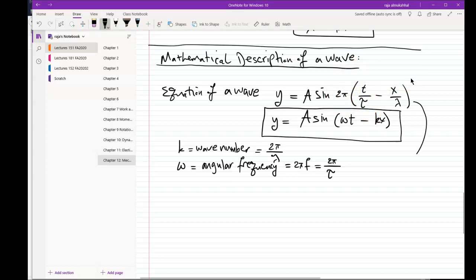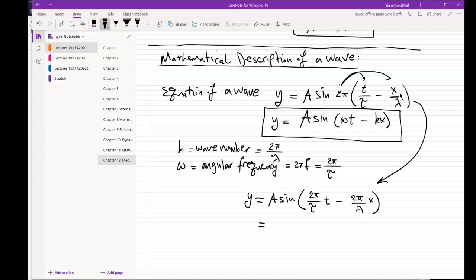Let me just take this equation and write it down. If I take the 2 pi here and multiply it inside, so I'm going to take the 2 pi, multiply it right there and right there. So that's going to be A sine parentheses 2 pi over tau t minus 2 pi over lambda x.